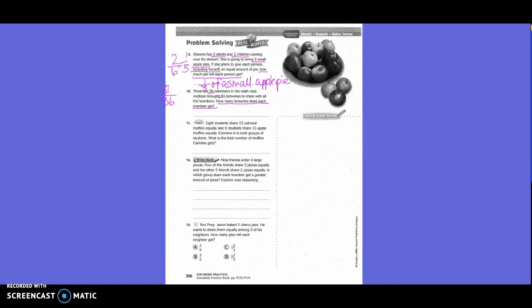Now, can that be simplified before we get moving on? What number goes into both of those? 9. So 9 goes into 81 how many times? 9 times. 9 goes into 36 how many times? 4 times. So what is that simplified? 2 and 1/4. So 2 and 1/4 brownies.